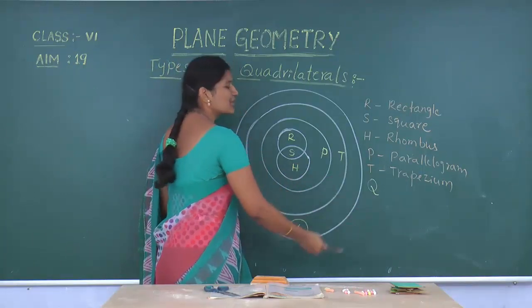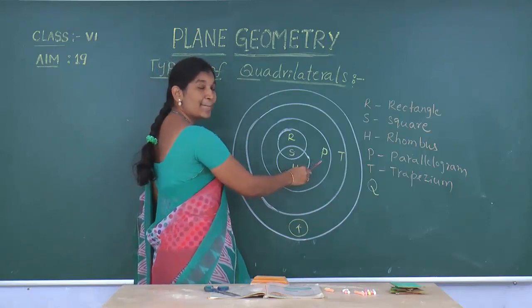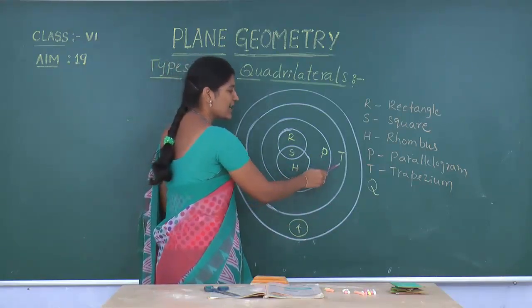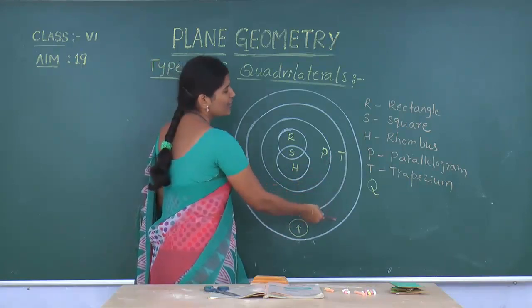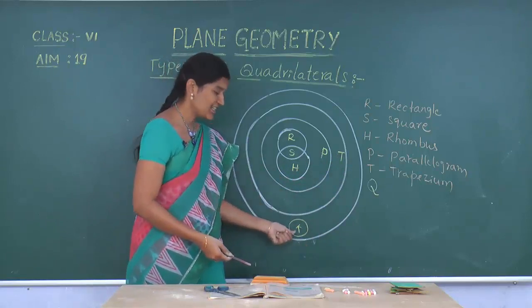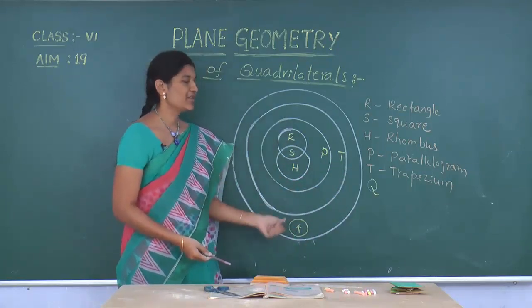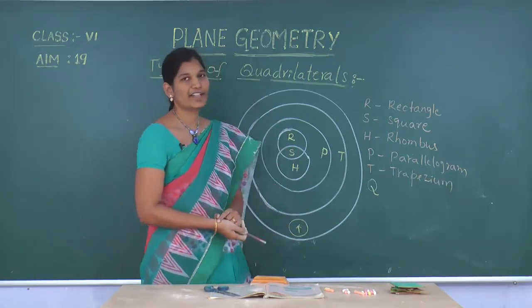Obviously it is also a quadrilateral. Coming to this P, P stands for parallelogram. Every parallelogram is a trapezium, every parallelogram is a quadrilateral, every trapezium is a quadrilateral, and here the kite is different from the remaining ones. So these are very useful for us.